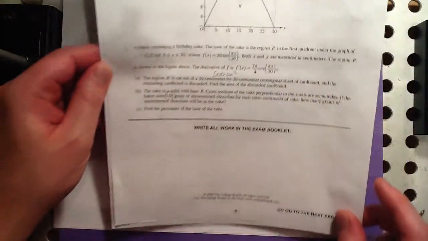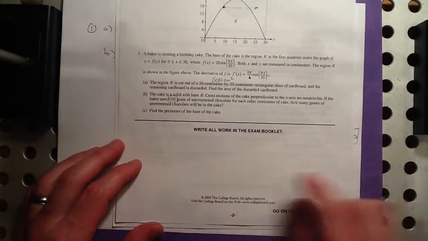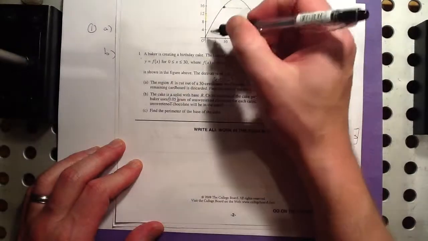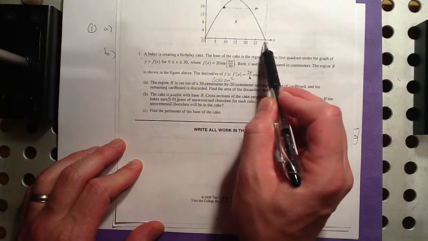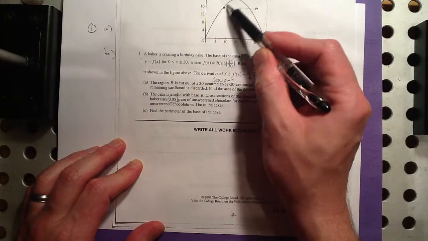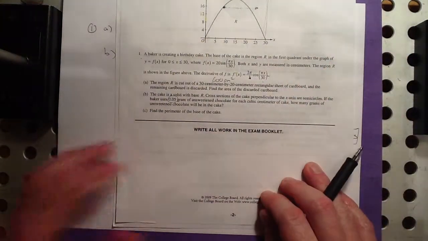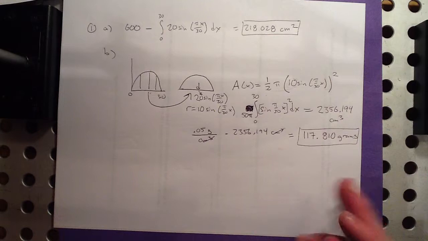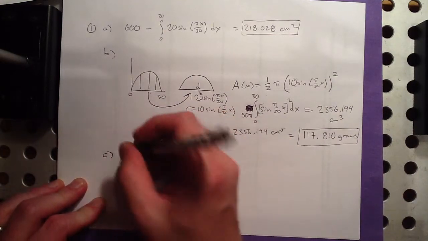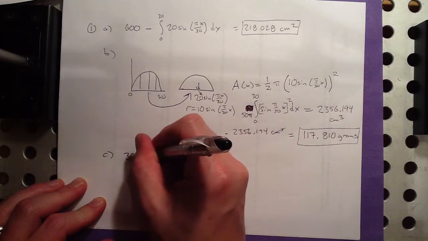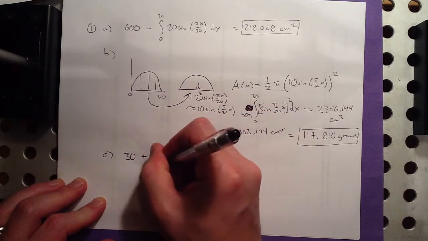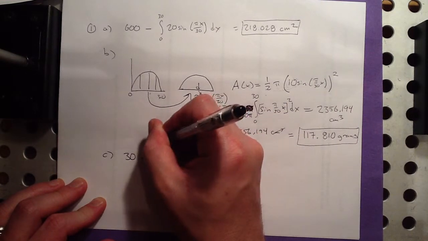All right. And last, they want us to find the perimeter of the base of the cake. This is the base, so that perimeter. That would be this distance, which is 30 centimeters, plus this arc length. So let's see if we can set that up. The flat part on the x-axis is 30, plus the length of the curve from 0 to 30.